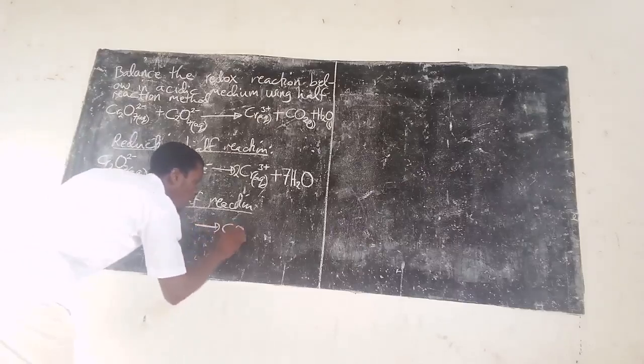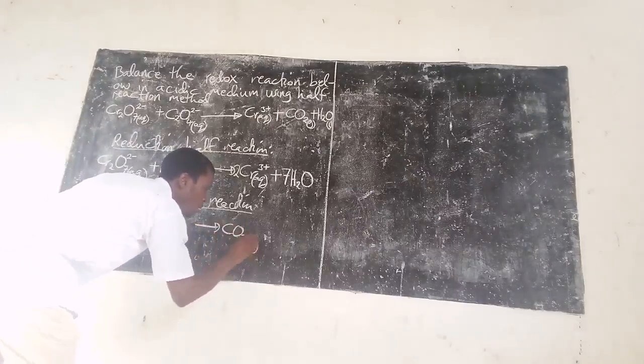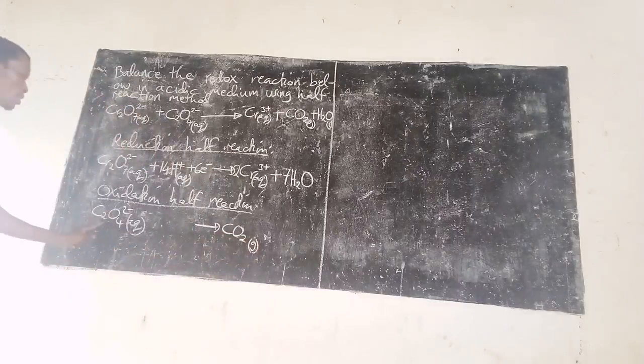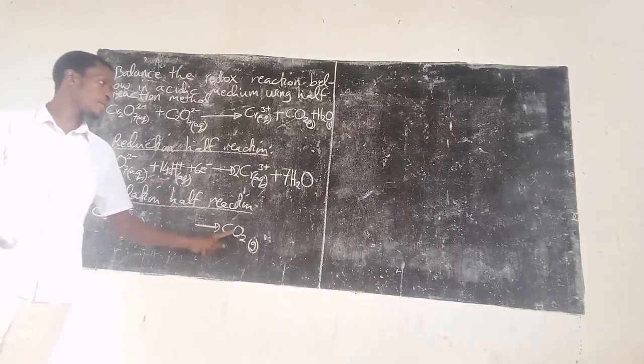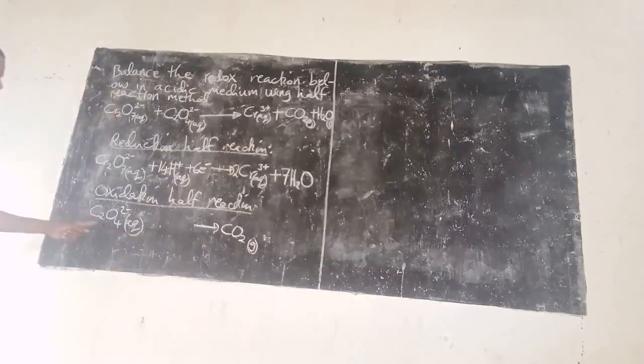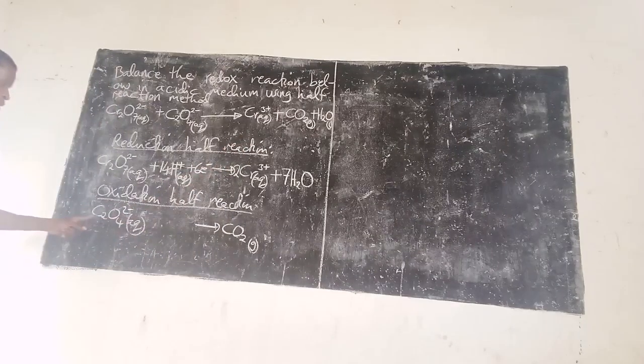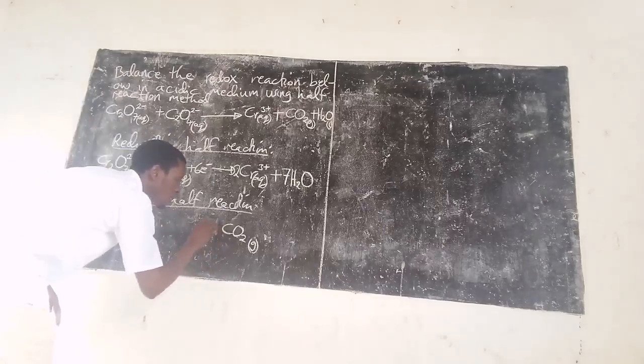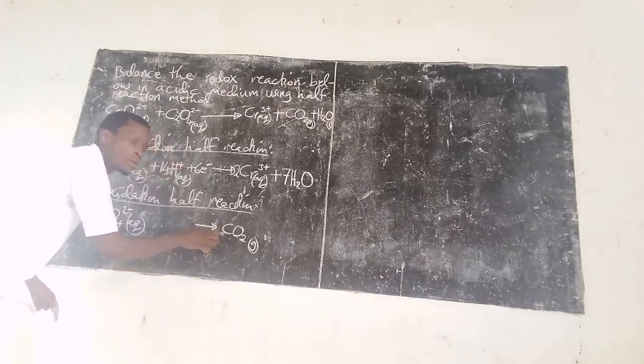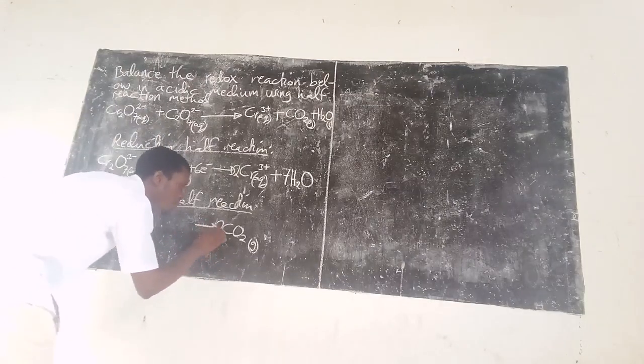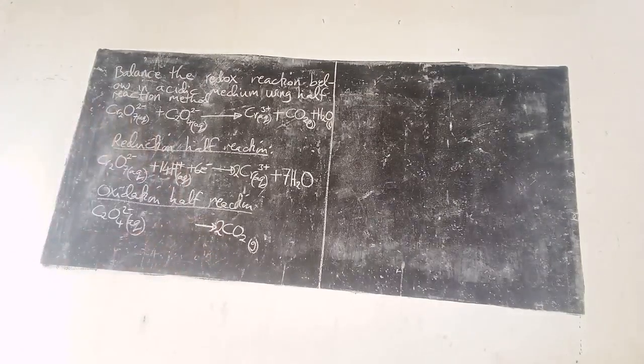The oxalate ion is converted to carbon dioxide gas in acidic medium. Carbon: there are 2 on the reactant side, but on the product side there is only one carbon atom. So we balance the material by trial and error method.